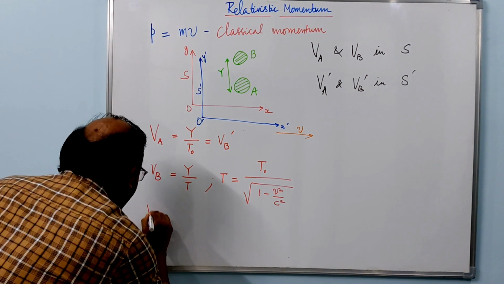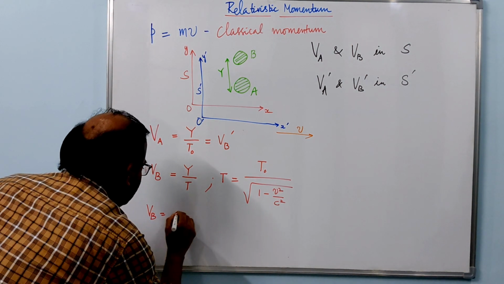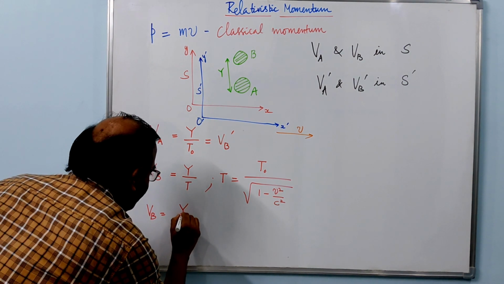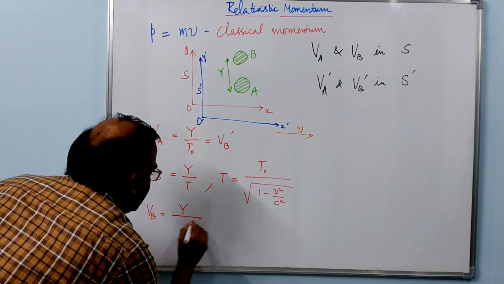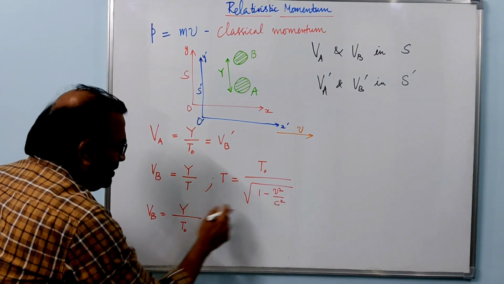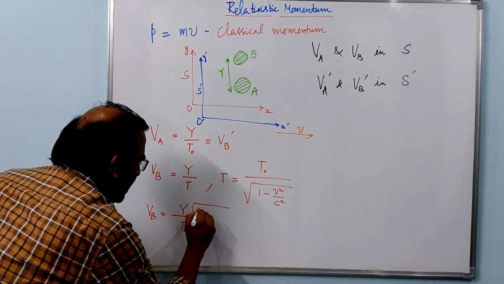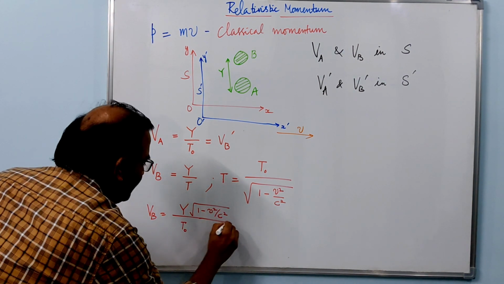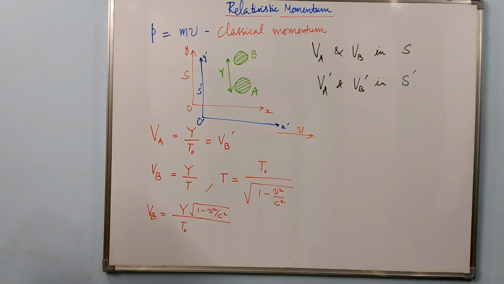And therefore VB is equal to Y by T naught, then the denominator is a square root, so that goes to the numerator as the square root of 1 minus V squared over C squared. So this is the expression for VB.